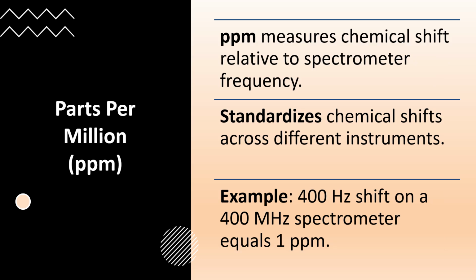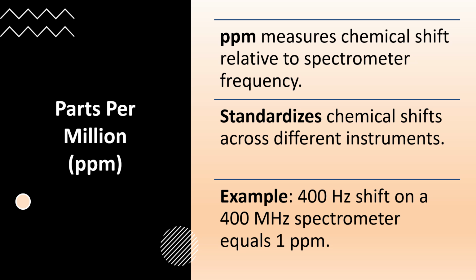Now, let's dive deeper into ppm, or parts per million, the unit used to measure chemical shifts in NMR spectroscopy. ppm is essential because it standardizes chemical shift values across spectrometers of varying magnetic field strengths, ensuring consistency in data interpretation.